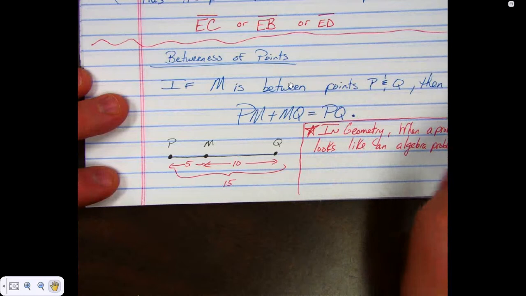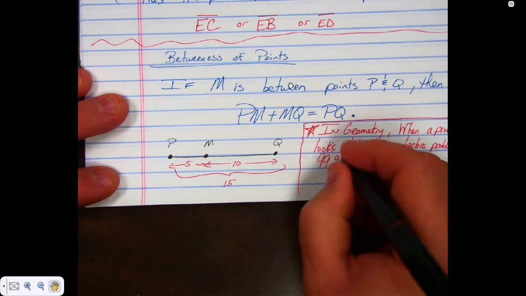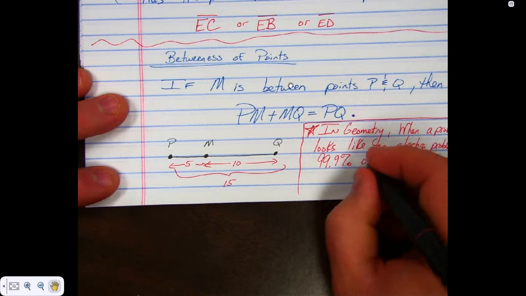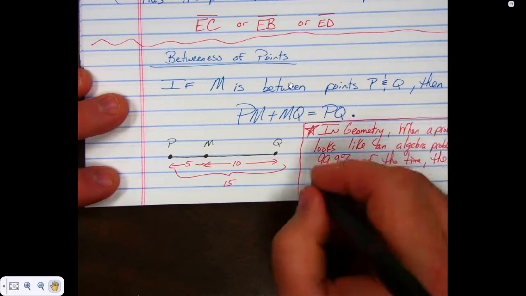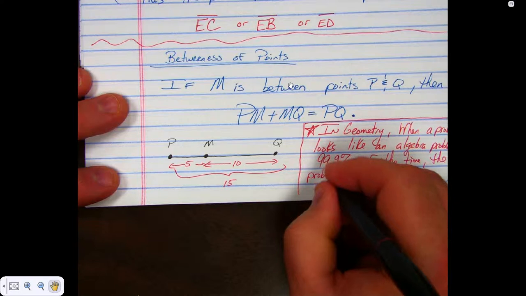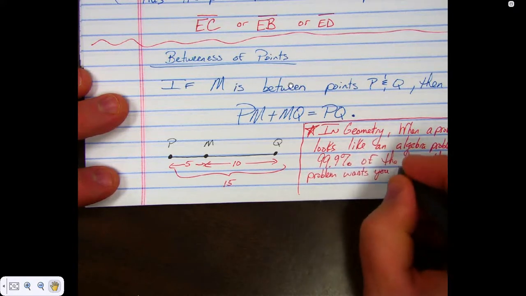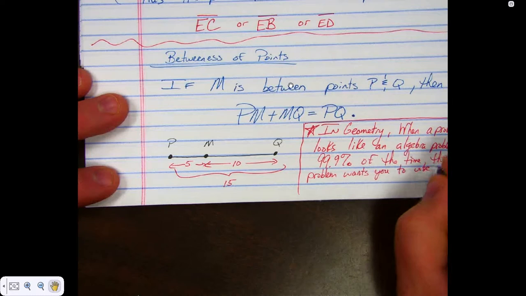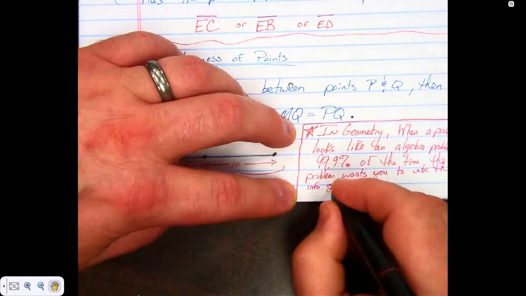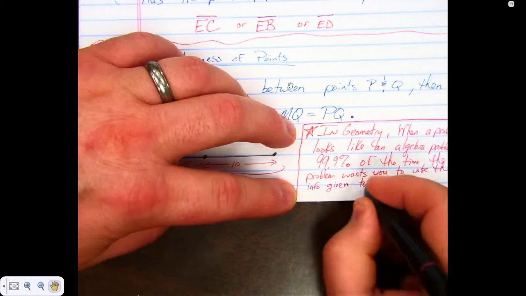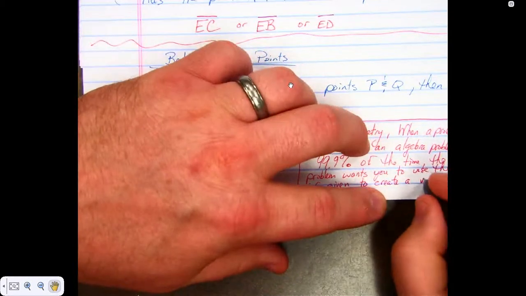In geometry, when a problem looks like an algebra problem, 99.9% of the time, the problem wants you to use the info given to create a valid equation.